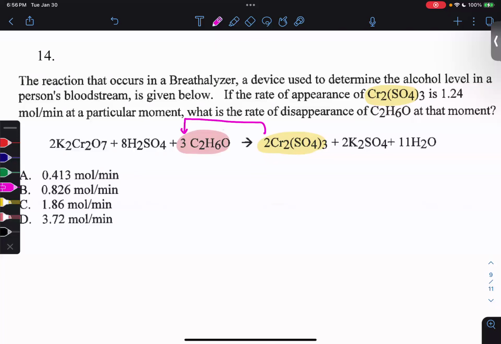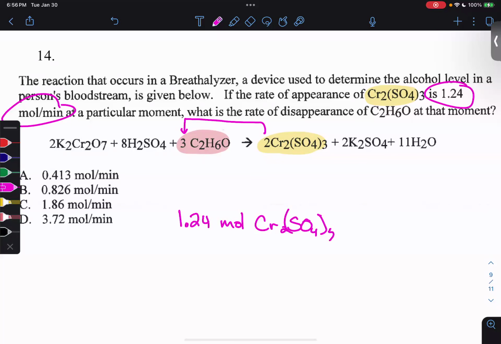You can just go ahead and use stoichiometry, right? Here's your rate, your velocity for one substance, so 1.24 moles of Cr2(SO4)3 are produced every 1 minute.